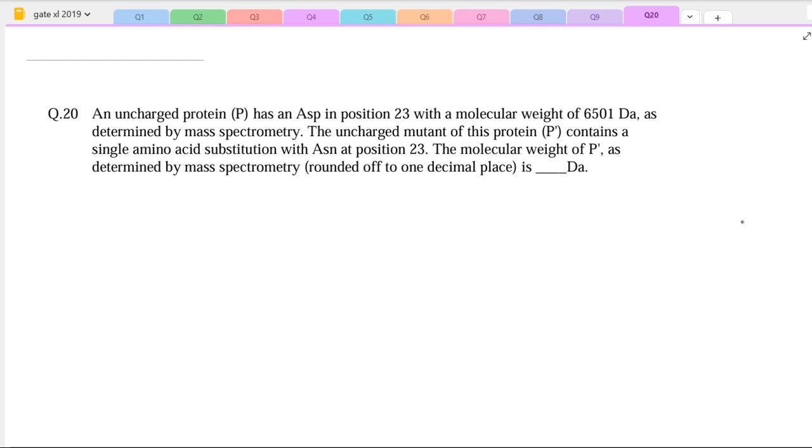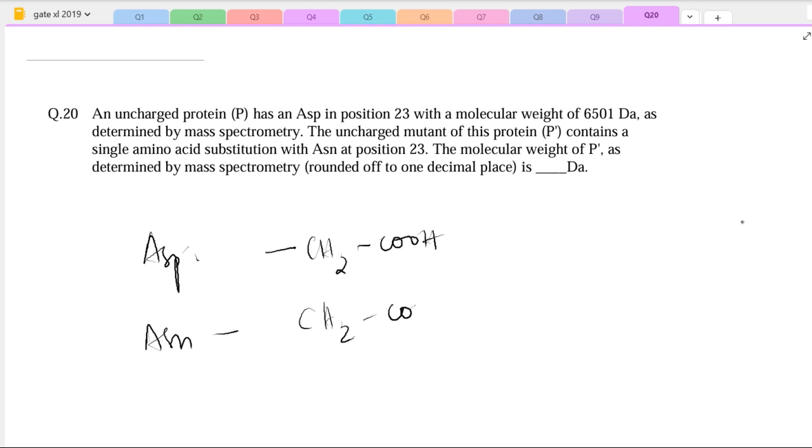So first of all, you should know the structure of aspartic acid. I will just write the side chain here, which is CH2COOH. And for asparagine, it is CH2CONH2, right? So here, the difference is it's a carboxylic group, and here it's an amide group.